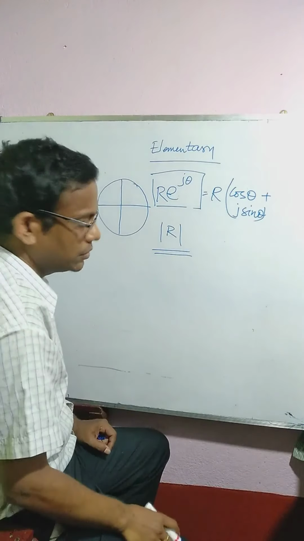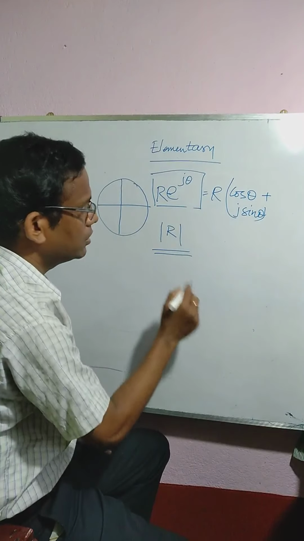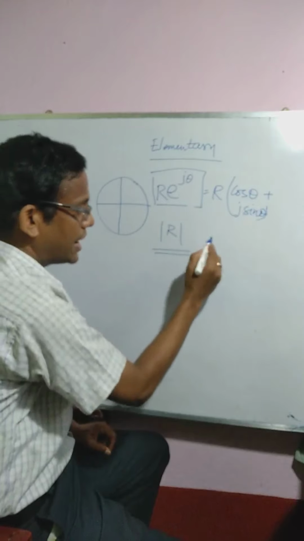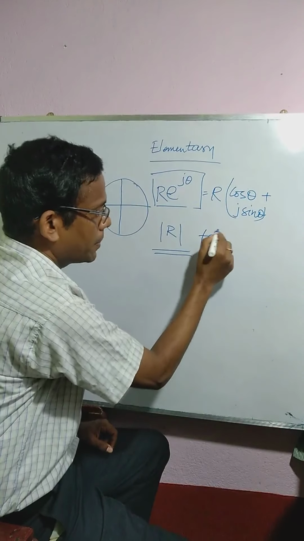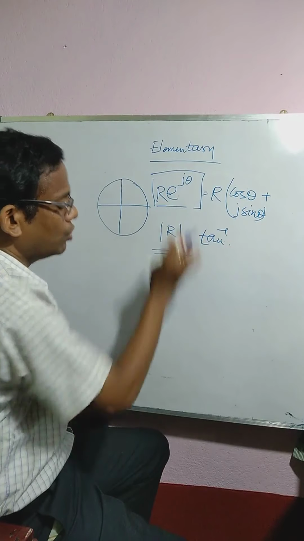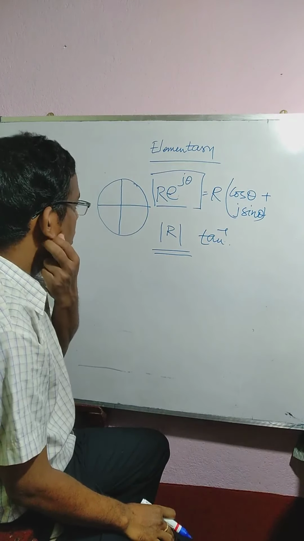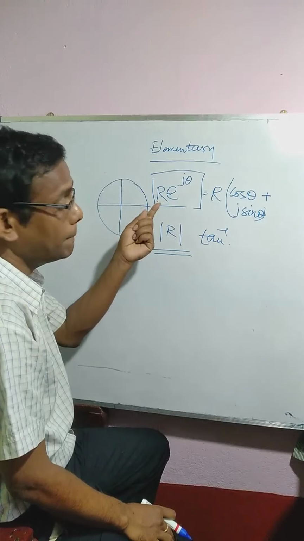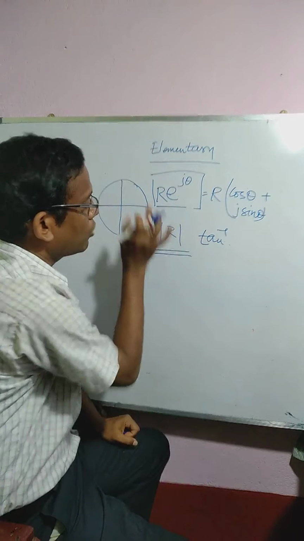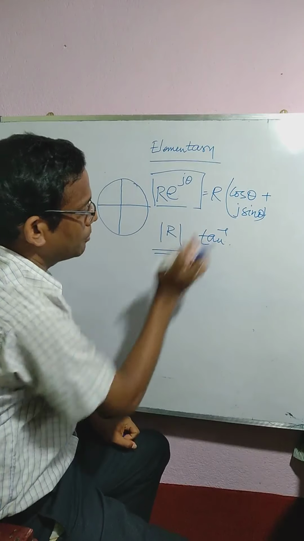And what is the angle? For a complex number, this is also called a complex exponential, since we have the complex part also.